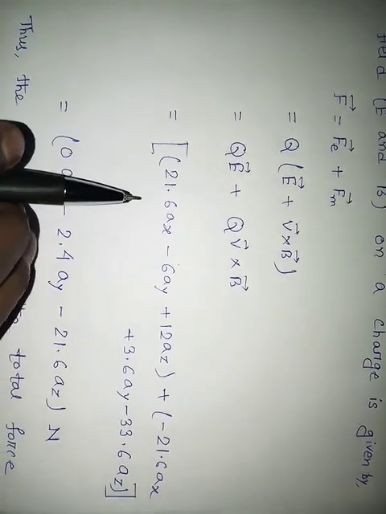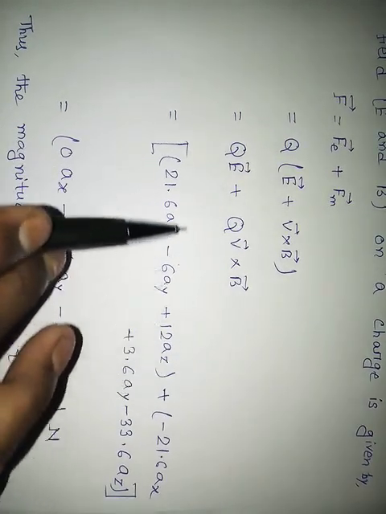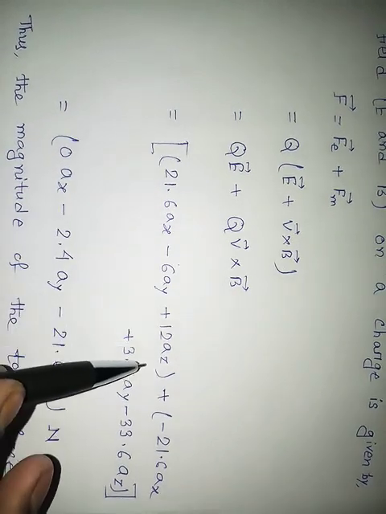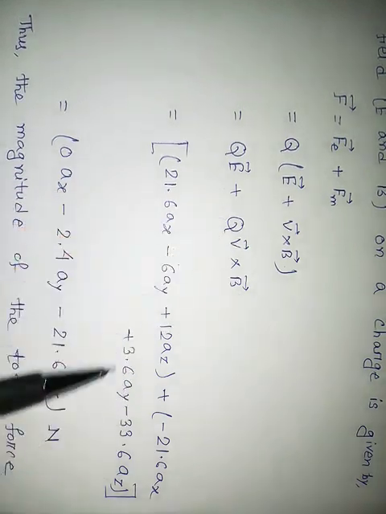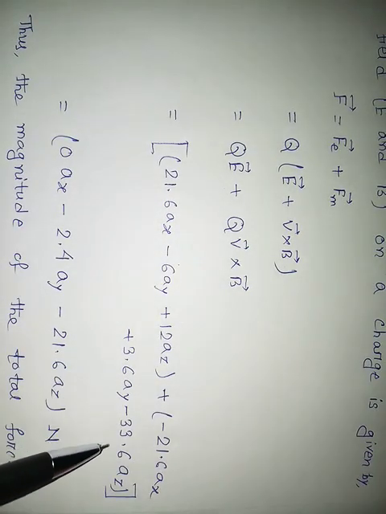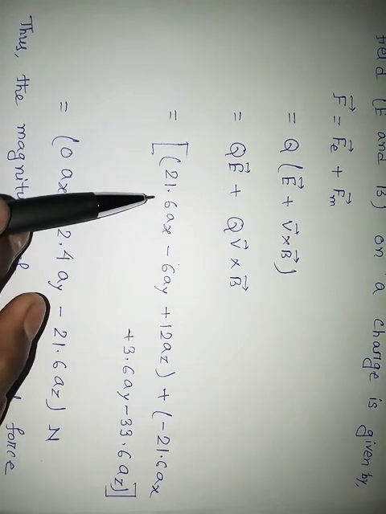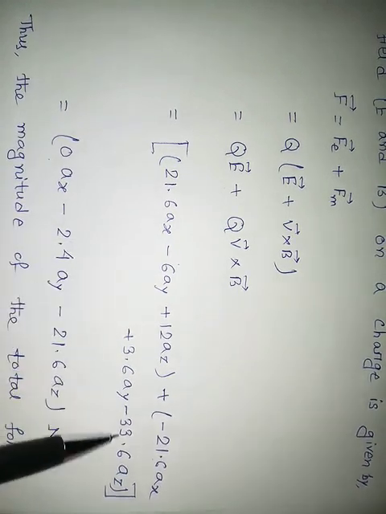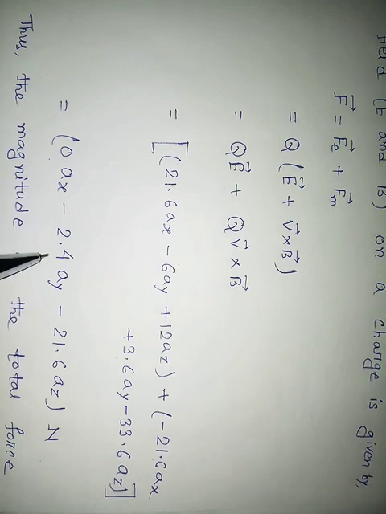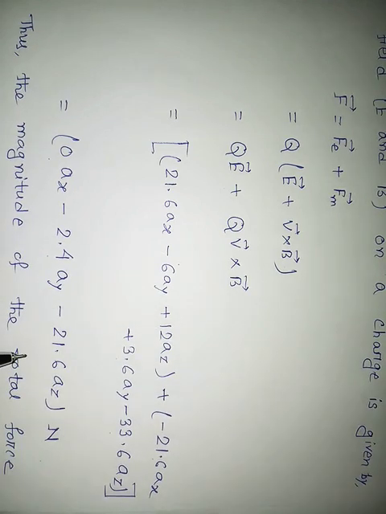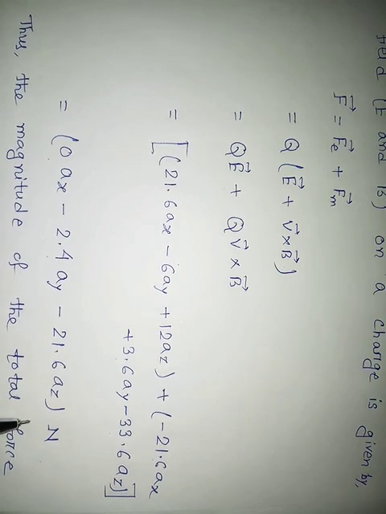We previously solved Fe. Our Fe value is 21.6ax minus 6ay plus 12az, and also solving Fm, that is minus 21.6ax plus 3.6ay minus 33.6az. After adding this part, the ax part comes to 0, then minus 6 plus 3.6 is minus 2.4, and 12 minus 33.6 is minus 21.6az in Newton.